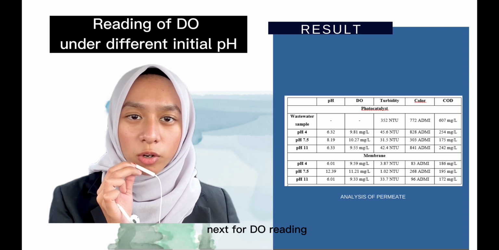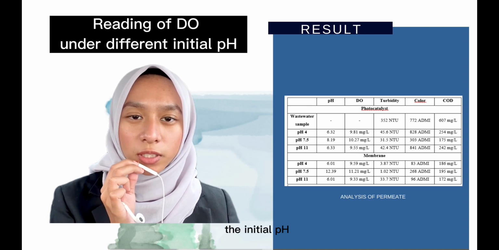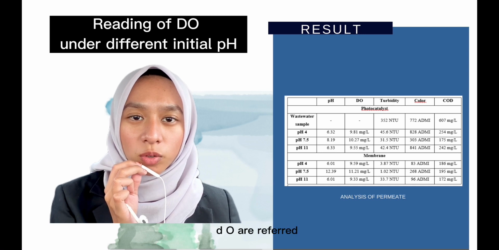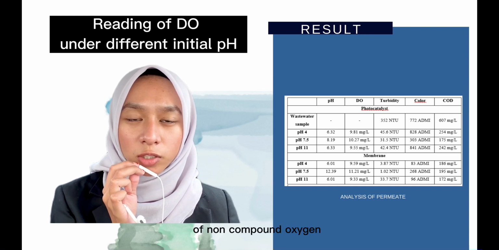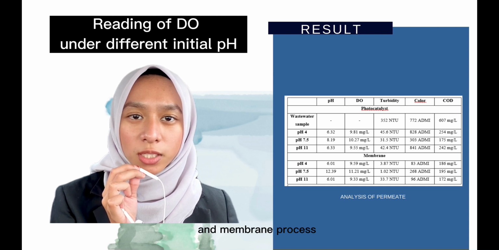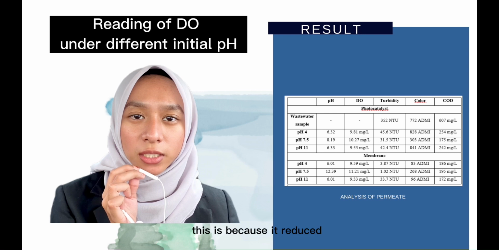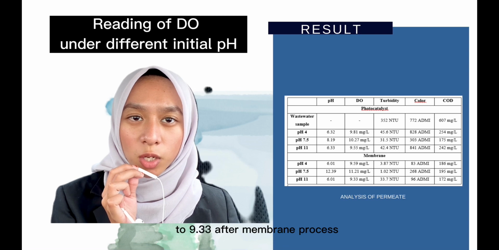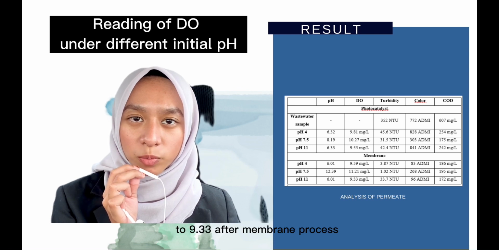Next, for DO reading for each of the initial pH. Dissolved oxygen, DO, refers to the presence of non-compound oxygen in a solution. From table 3, it shows that the lowest DO reading is pH 11 for photocatalysis process and membrane process. This is because it reduced the DO reading from 9.55 after photocatalysis process to 9.33 after membrane process.